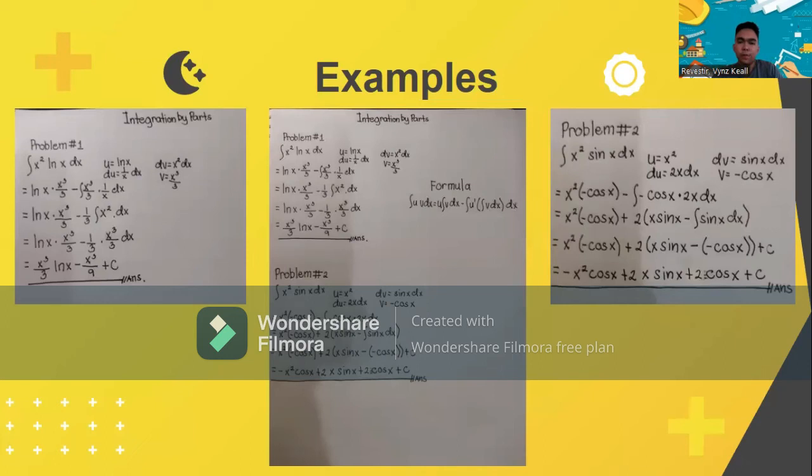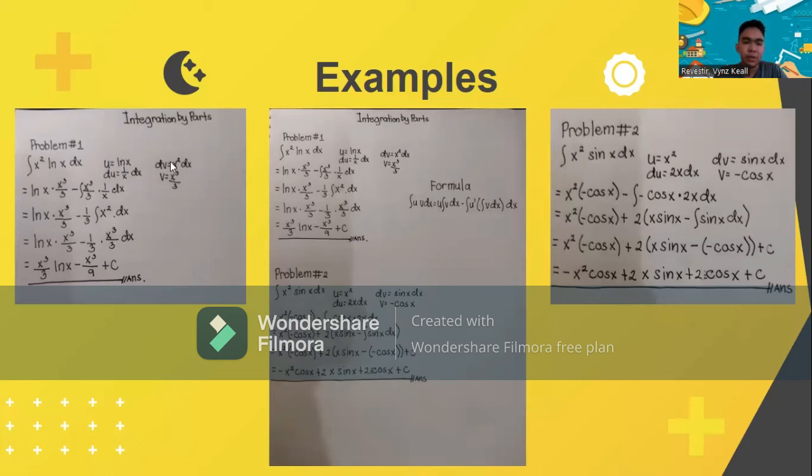Next, we're going to solve integration by parts. The first problem, the integral of x squared ln x dx. We're going to use u substitution also. u is equal to ln x and the derivative of u is equal to 1 over x dx.